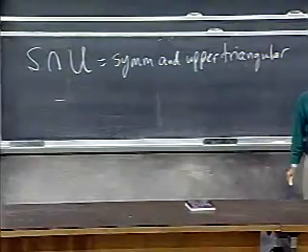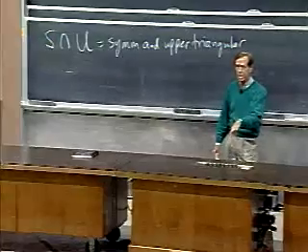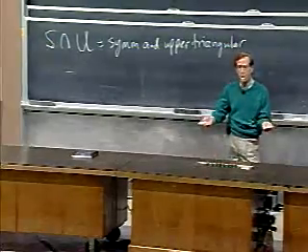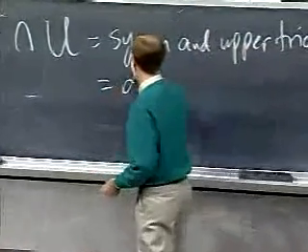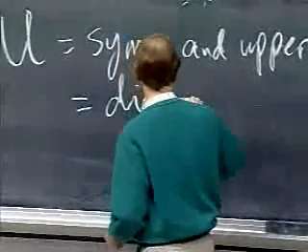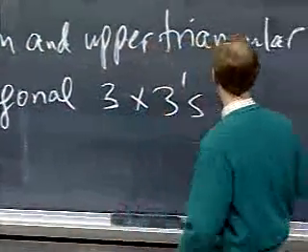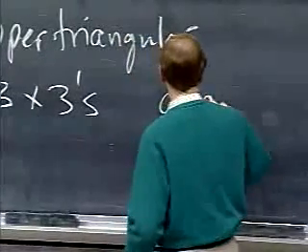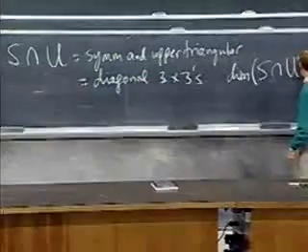What's in that space? If a matrix is symmetric and also upper triangular, that makes it diagonal. So this is the same as the diagonal 3 by 3 matrices, and the dimension of this, of S intersect U, right?